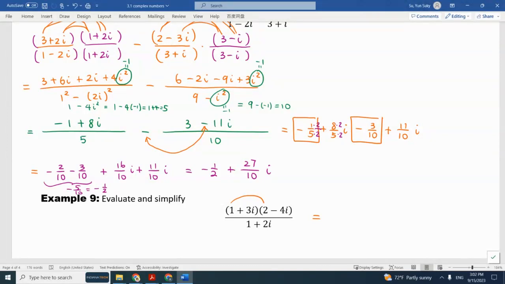So 1 times 2 is 2. 1 times negative 4i. 3i times 2. 3i times minus 4i. Bless you. i squared. Yes. Okay, what's i squared? Negative 1. Good.